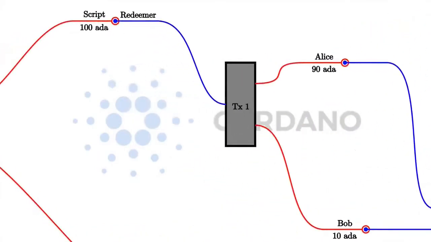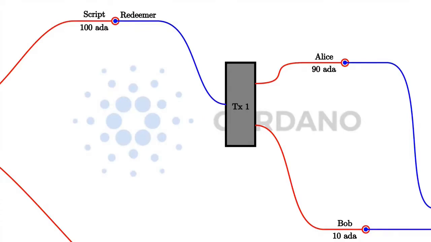So in contrast to Bitcoin, it can't just see the redeemer of this one input, but it can see that and all the other inputs of the transaction and also all the outputs of the transaction and the transaction itself. And the Plutus script can use that information to decide whether it's okay to consume this output.